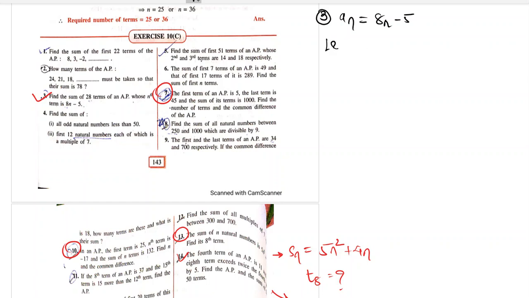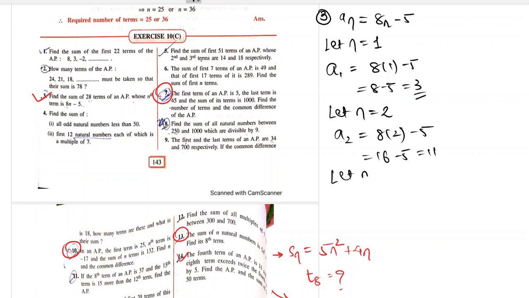Right? So let n is equal to 1. So a1, which is the first term, will be 8 bracket 1 minus 5. That is 8 minus 5 is equal to 3. This is the first term. Then let n is equal to 2. So a2 will be 8 bracket 2 minus 5. That is 16 minus 5, which is 11.